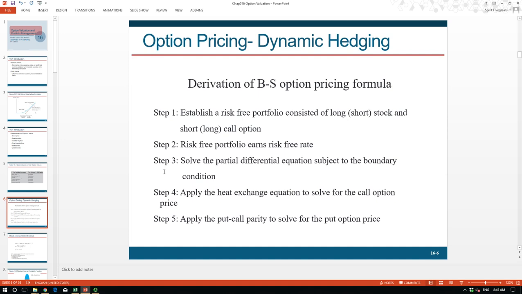So in the early 1990s, Dr. Scholes and Dr. Merton co-founded a hedge fund called Long-Term Capital Management, LTCM. This hedge fund did not invest in stocks and bonds like other mutual funds or hedge funds do.